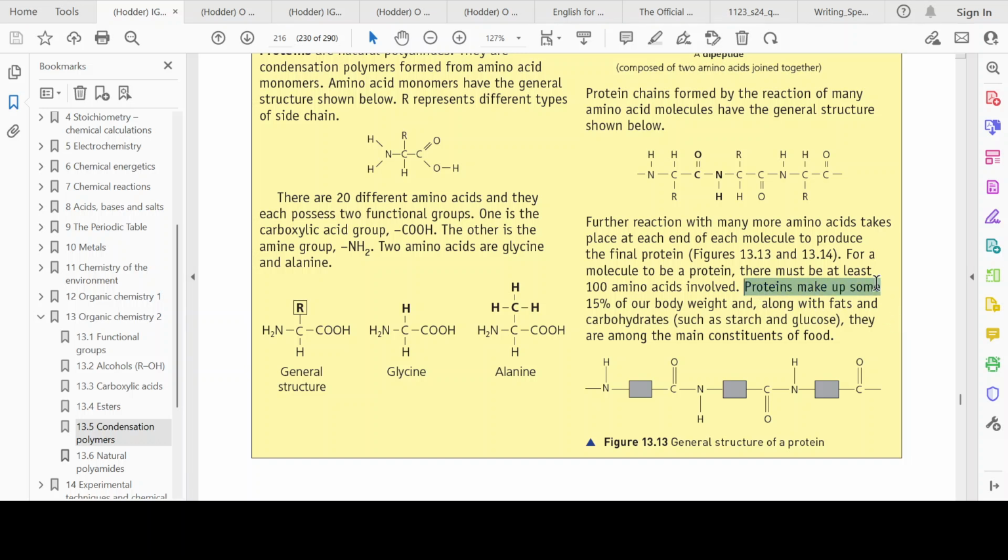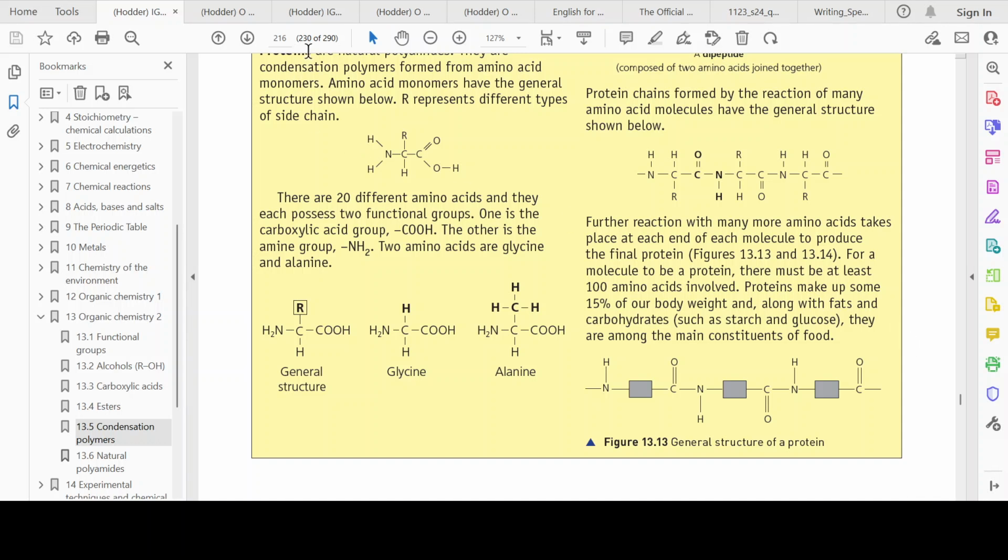Now, after that, proteins make up about 15% of our body weight, and along with fats and carbohydrates, they are among the main constituents of food, right? So the food you eat is made up of three basic biological molecules: proteins, fats, and carbohydrates.